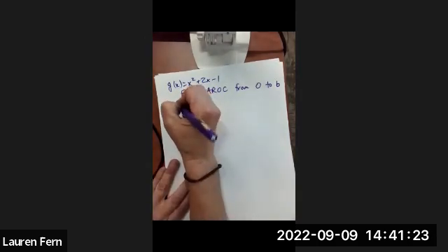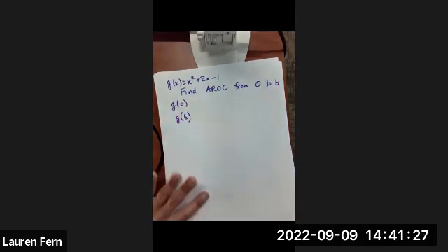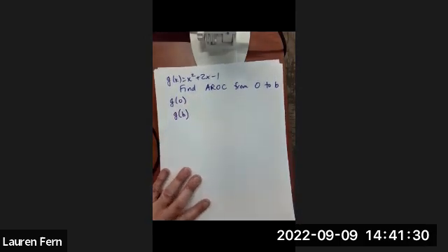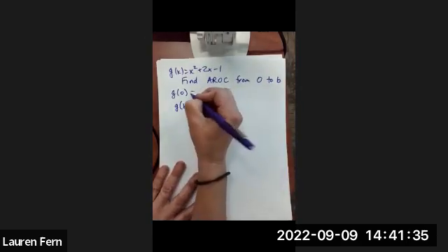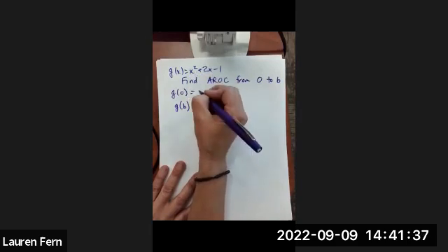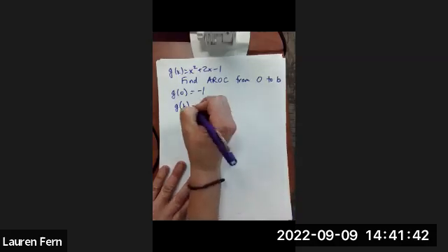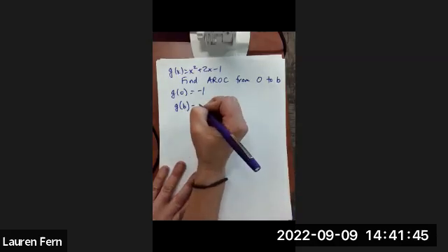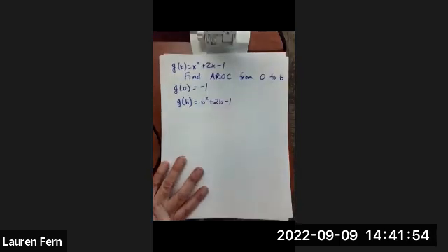Do you agree I need to find my function value at 0 and my function value at b? It's a little anticlimactic, but I'm actually going somewhere with this. We already saw that if we plug in x equals 0, -1 is going to come out. What if I plug in b? b squared plus 2b minus 1. All we did is change our variable.